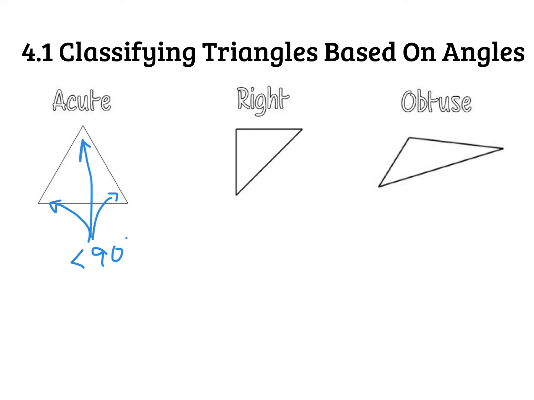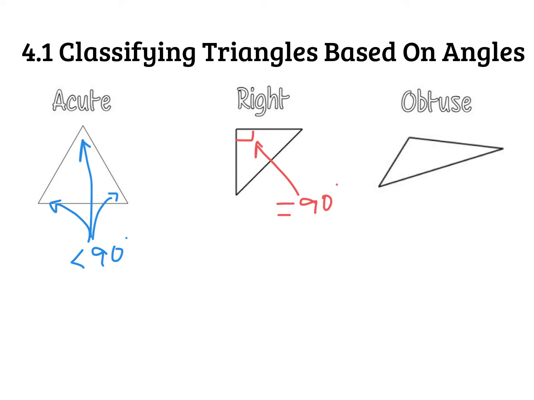As we move over to the right triangle, if it has one right angle or a 90-degree angle, if one of the corners is 90 degrees, then we consider this to be a right triangle. We will spend a lot of time talking about specific right triangles and properties later during the year. Now finally, an obtuse is if one of the angles is greater than 90 degrees.